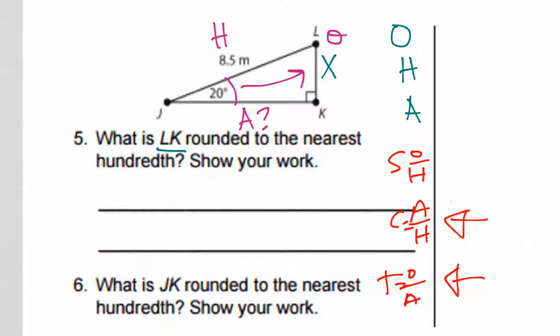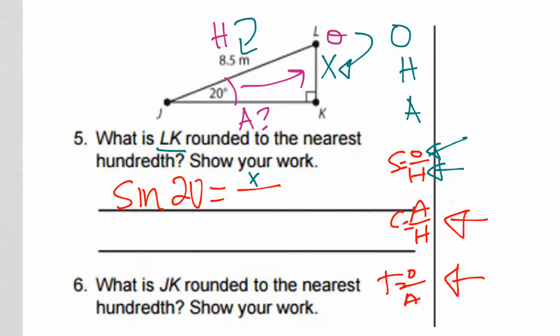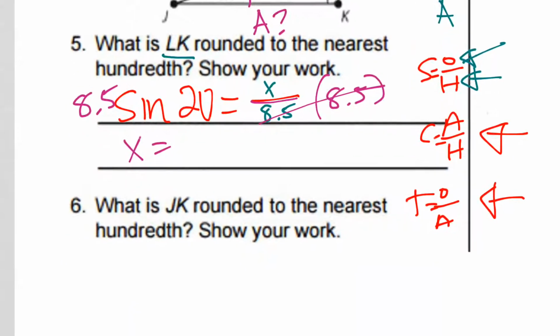So that means I'm going to use sine. So sine of the angle, which is 20, is equal to the opposite side divided by the hypotenuse. The opposite side is x, and the hypotenuse is 8.5. To solve for x, you would have to multiply both sides of your equation by 8.5 since it's being divided by 8.5. And now from here, it's calculator work. I gave you the answer in class.